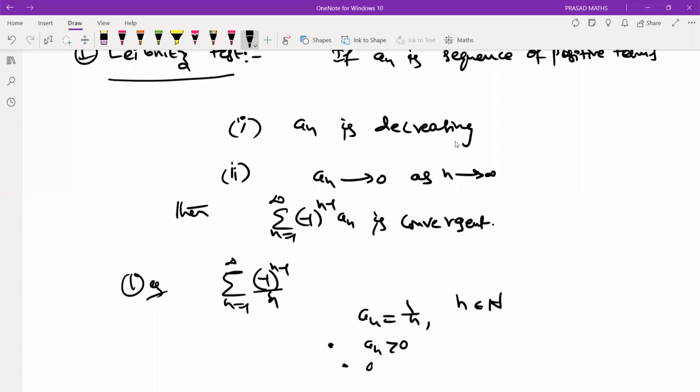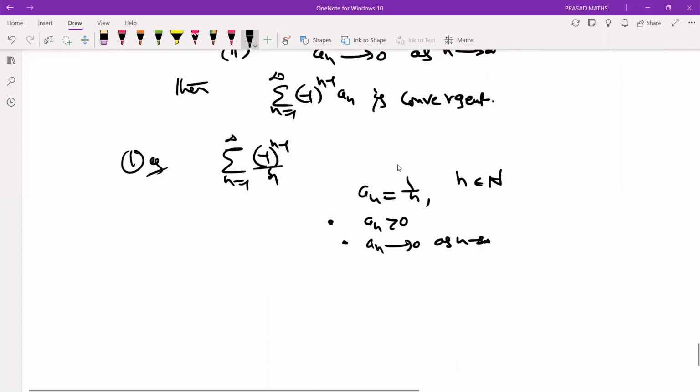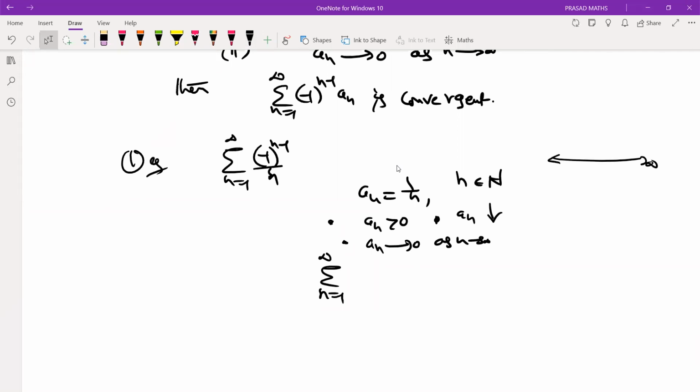And we have seen that it tends to 0 as n tends to infinity. Second property is it is decreasing, because 1 by n we have already seen is a decreasing sequence. It is a decreasing positive term sequence, and a_n tends to 0. Therefore, by Leibniz test, this series is convergent.